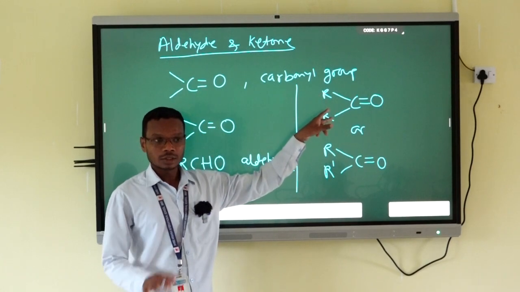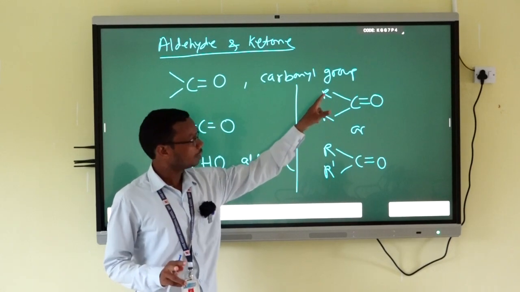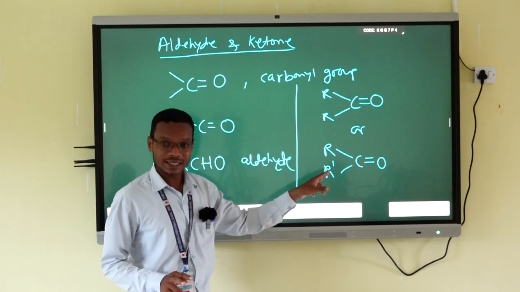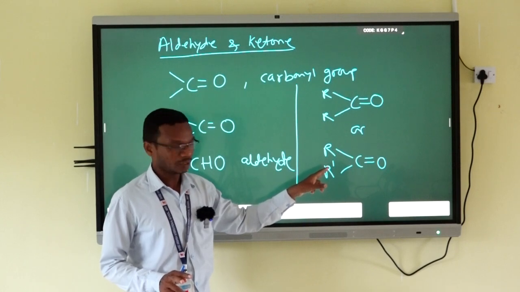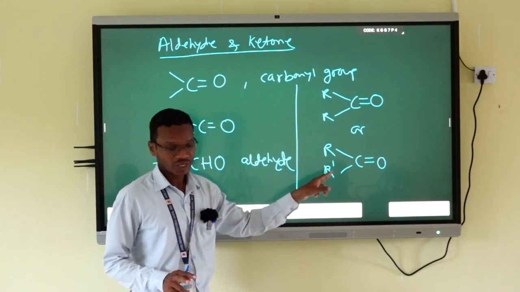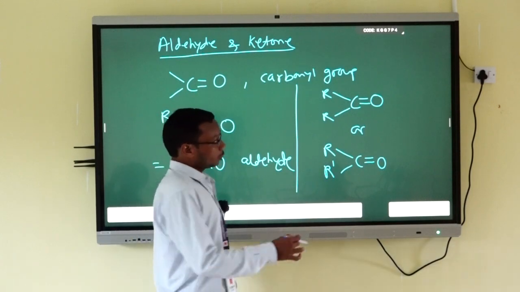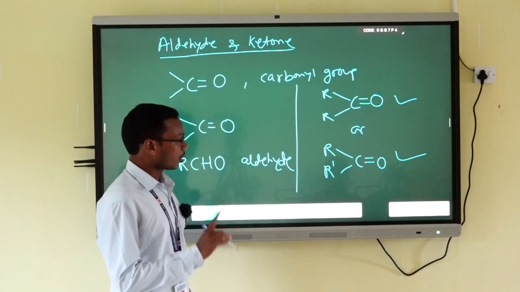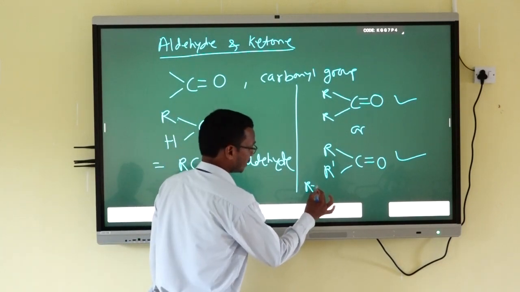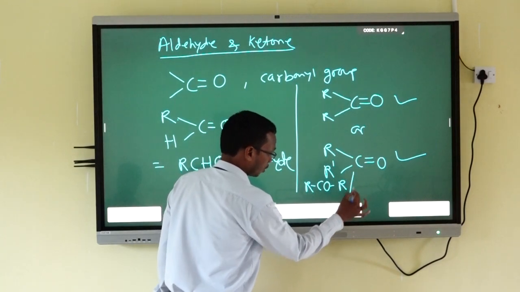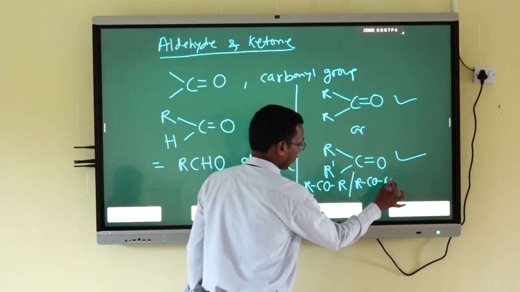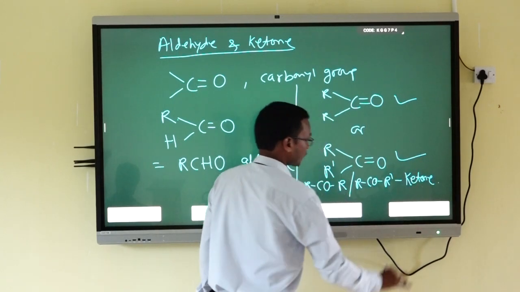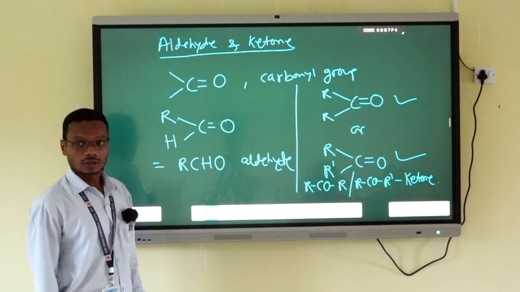R and R means the two alkyl groups are same: methyl, methyl, ethyl, ethyl, butyl, butyl. R and R dash means different: methyl, propyl, ethyl, pentyl. This new group is called ketone, that is RCOR or RCOR dash. It is called ketone.